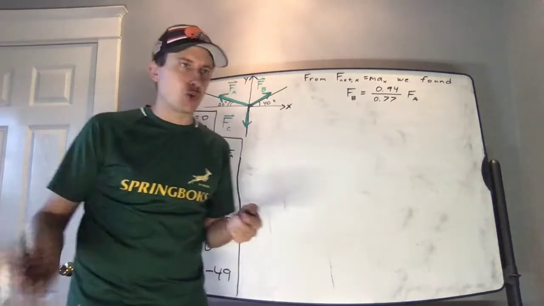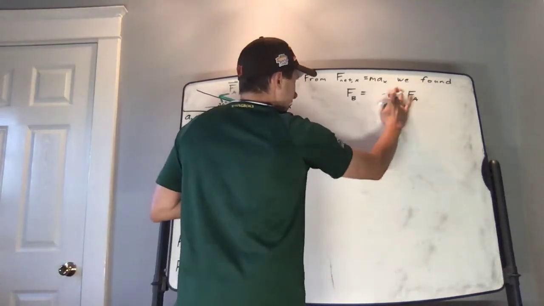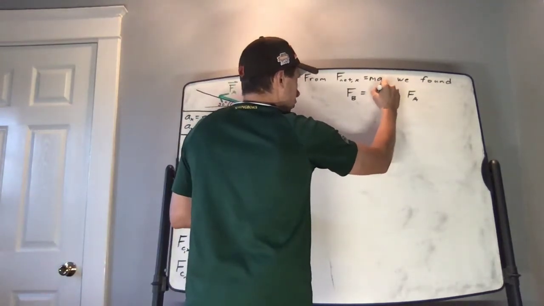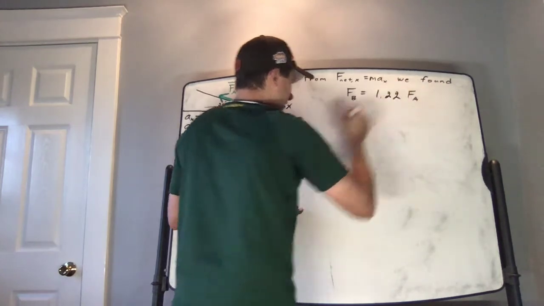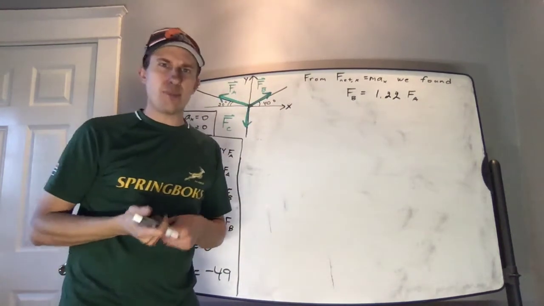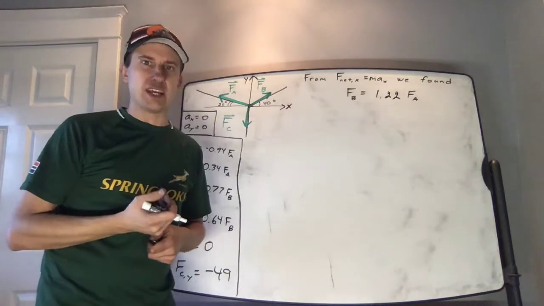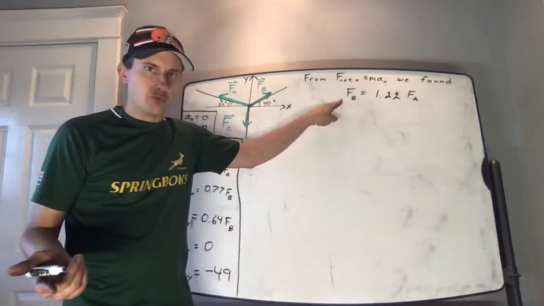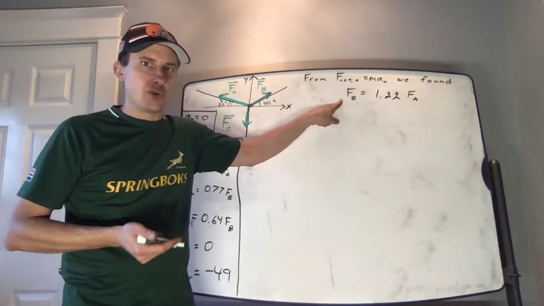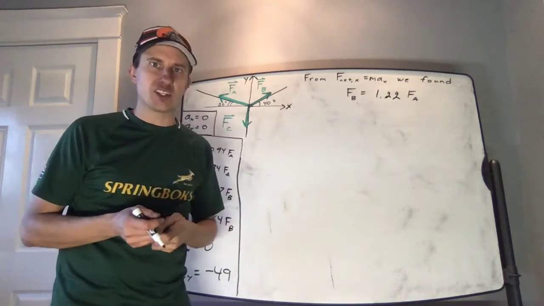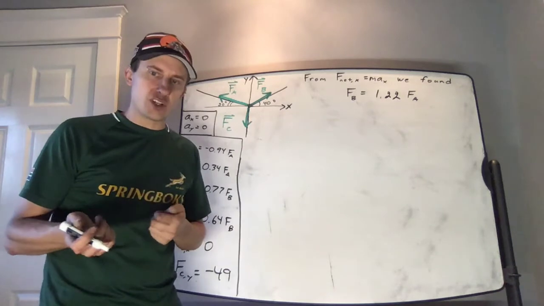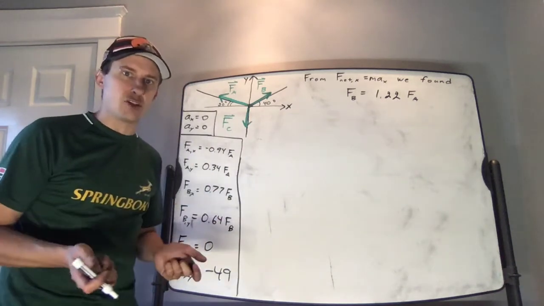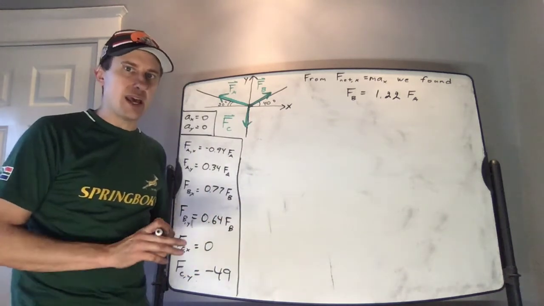And if I put that into a calculator, I would find FB is equal to 1.22 FA. So FB is going to be about a quarter bigger than FA. Now, this is one equation with 2 unknowns, and we need a second equation to actually solve for both of the unknowns.